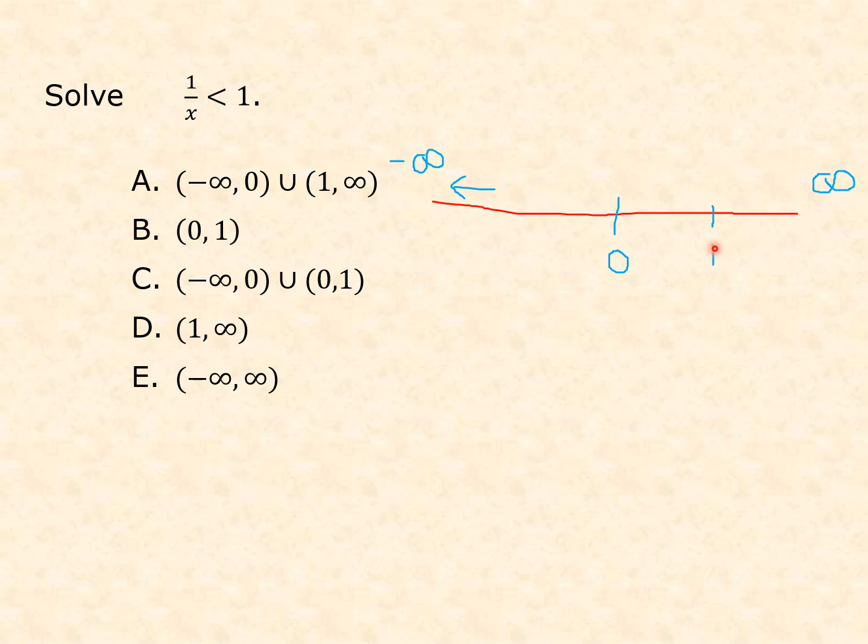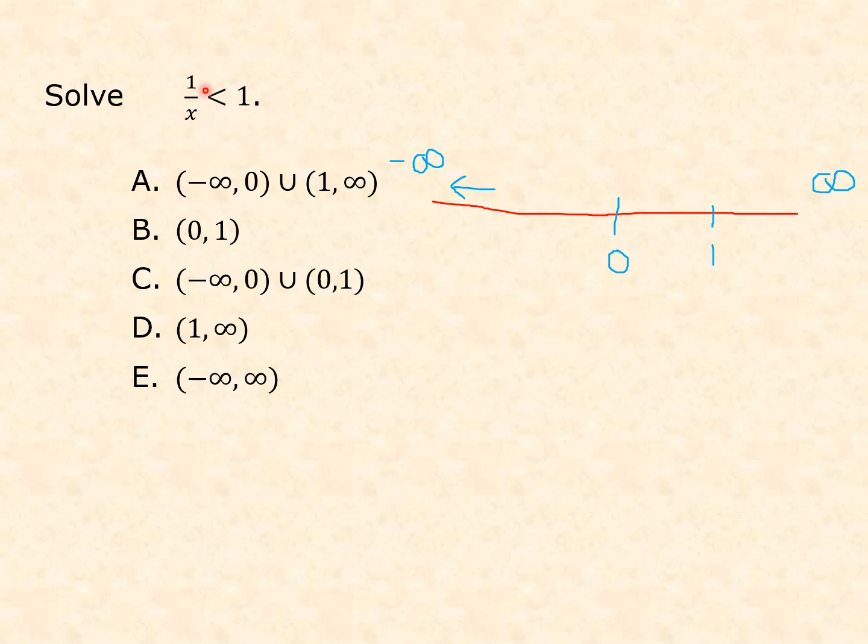But how about 1? If you substitute x as 1, then 1 over 1 less than 1 is not true. So all the numbers which are larger than 1 but not equal to 1 can satisfy these conditions.